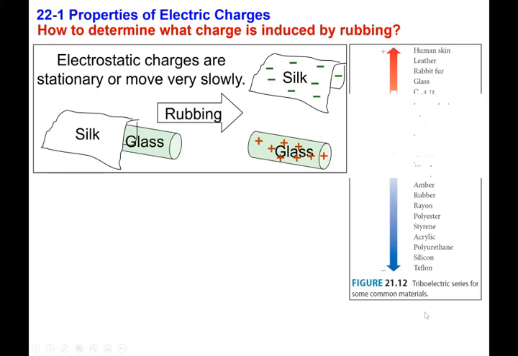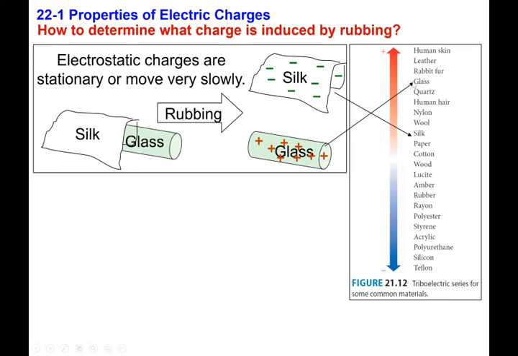This is what is called a triboelectric series diagram. It has many very common elements, from the skin, leather, and so on. And we have a positive red arrow pointing to the top and a negative blue arrow pointing to the bottom. So we are rubbing silk with glass. So silk is here, the glass is here.